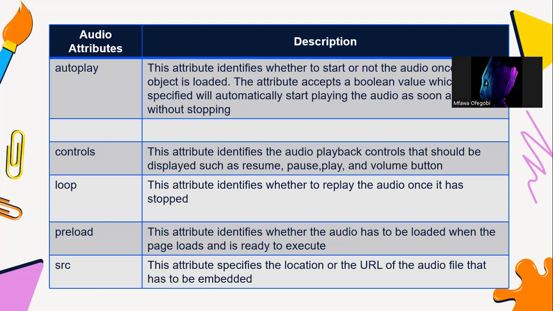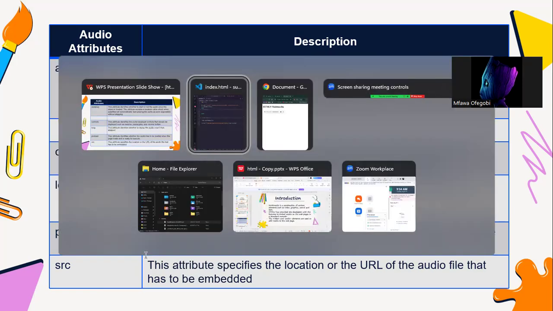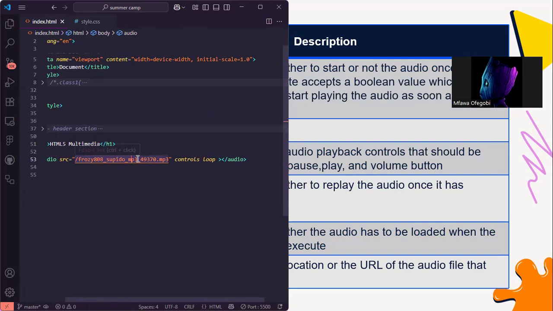But if we were to use an online audio file, what would be in this SRC attribute would be the link to the audio file. And then that is when we can use the preload attribute. Okay.